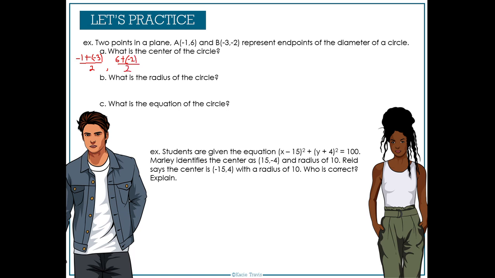So -1 plus -3 is -4. -4 divided by 2 gets you -2. 6 plus -2 is also 4, but a positive 4. So when we divide that by 2, we have a positive 2. So our center point here is -2, 2.